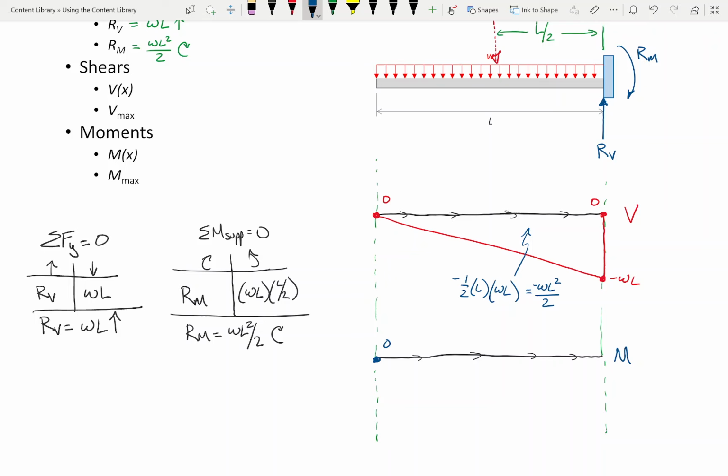Linear, straight? What's it look like? Parabola. Parabola, right? Okay, so is it going to go up or down? Down. Is it going to go like that? No, it's going to go like that, right? Little to a lot. And what does it go to? Negative wL squared over 2.